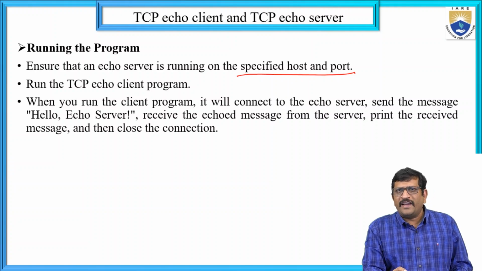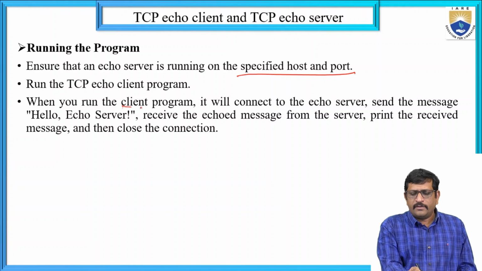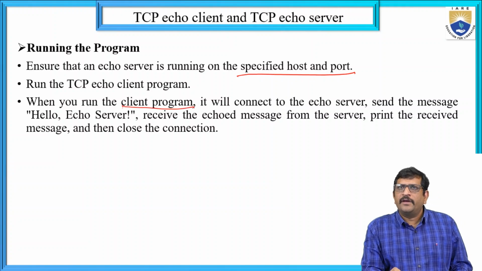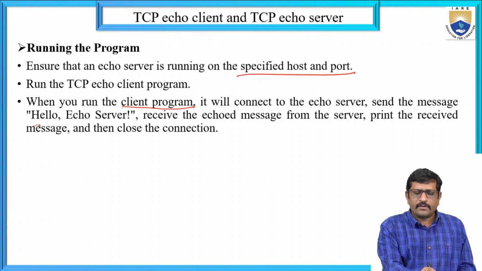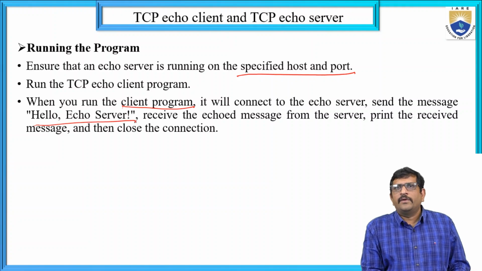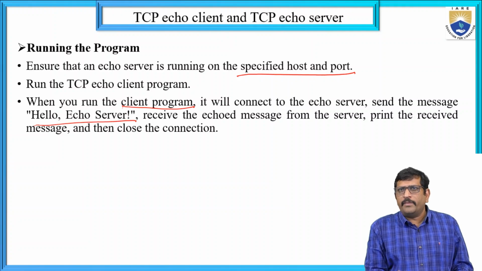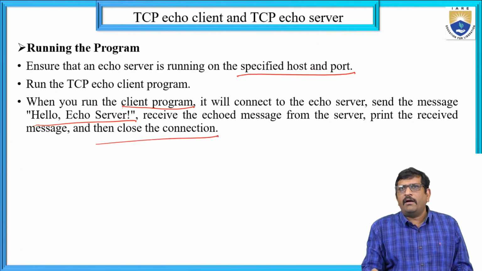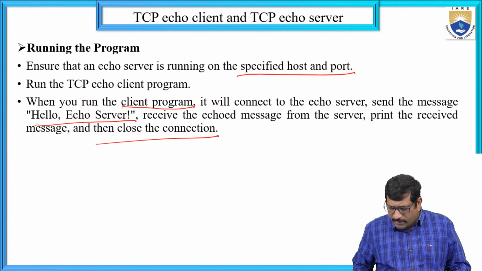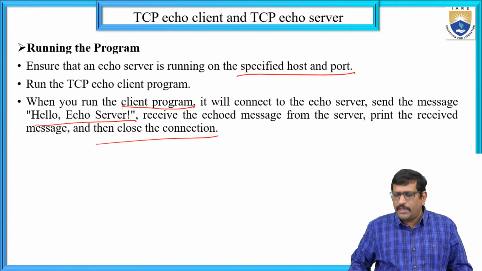When you run the client program with the help of the TCP echo socket, it will connect to the echo server and send the message, that is, hello echo server. It receives the echoed message from the server, prints the received message, and then closes the connection. Once the communication is completed, we can close the connection.